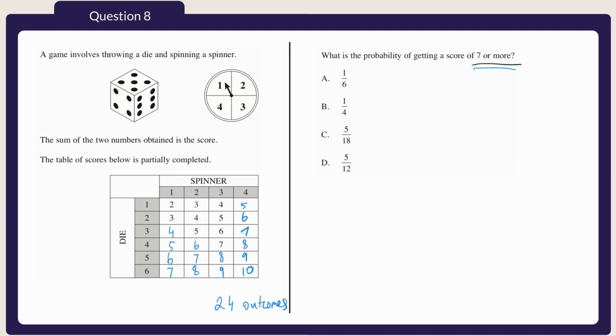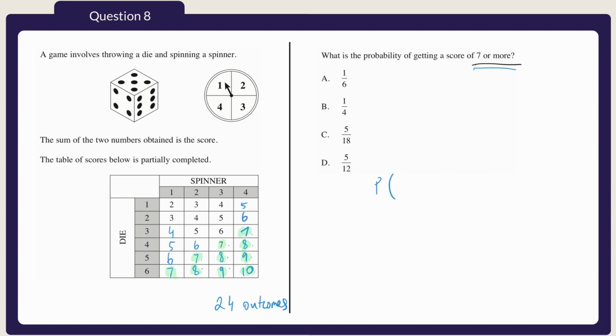And what I'm interested in, I will shade it, are the values that are 7 or more. So any of the numbers that are 7 or more is what we're trying to calculate. And we can see, if we look at those, there's 1, 2, 3, 4, 5, 6, 7, 8, 9, 10.